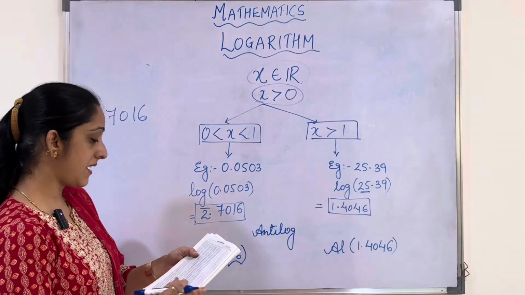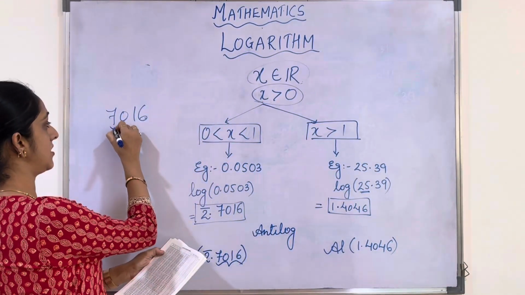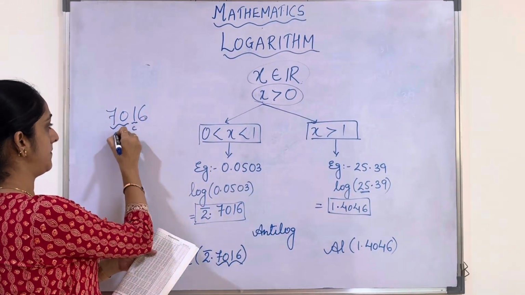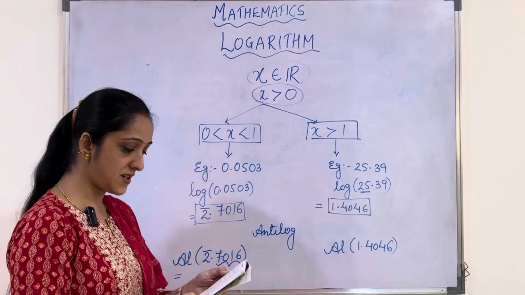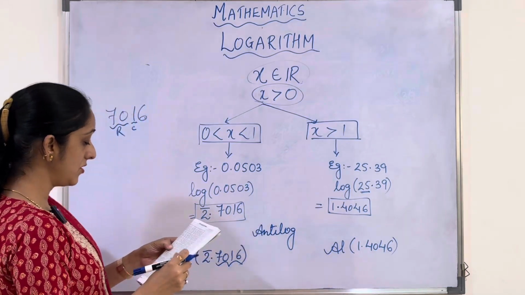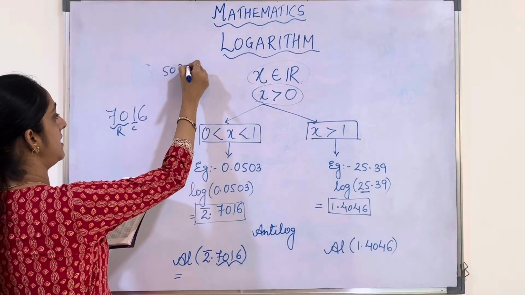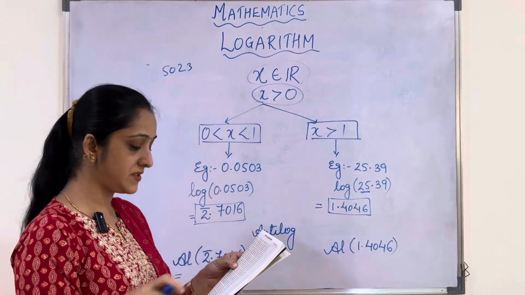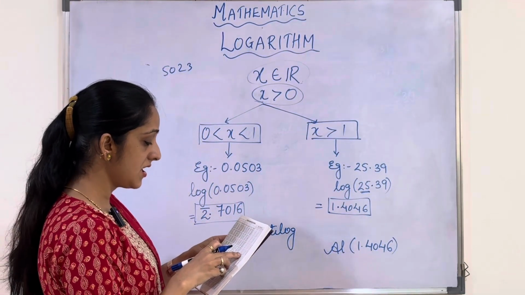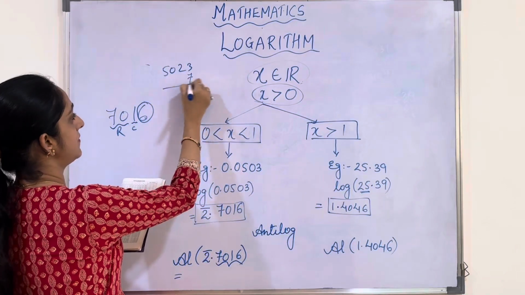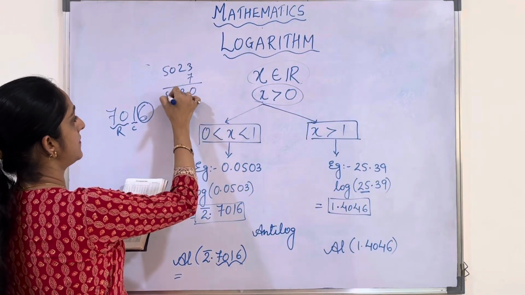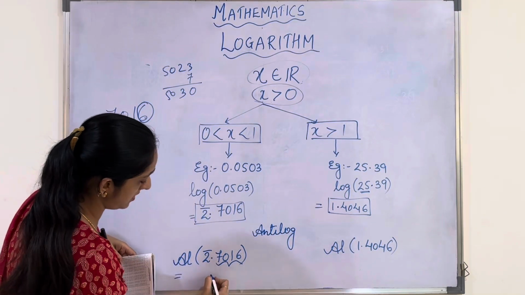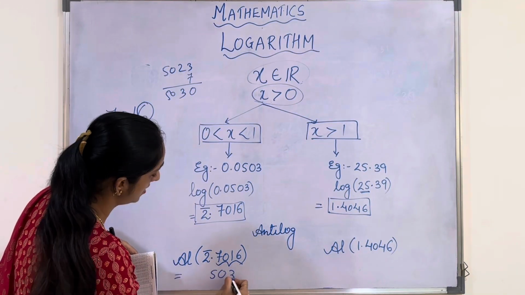So in this table we will see the 70th row, that is 0.70, first column. So the 70th row and first column will give you 5023. Now 6 is also present here, so in the same row we will see 6 times mean difference, which is 7. So if you add this, you will get 5030. So anti-log from the anti-log table is 5030.